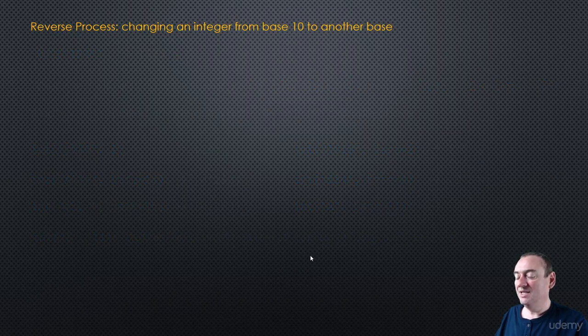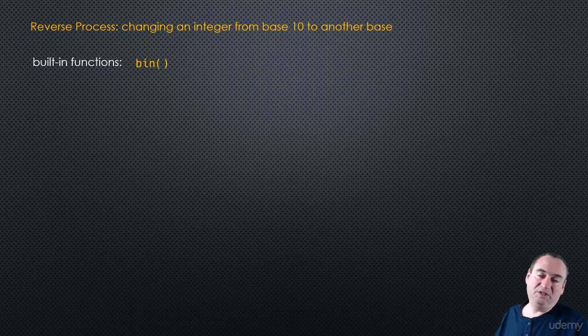Okay. So now you may be asking yourself, well, can we reverse the process? Can we go from a base 10 and can we see what the representation of that number is in some different base? And the answer, of course, is yes. We can go both ways. Now, Python does provide built-in functions to do that. It provides us the bin function, which stands for binary, which is base 2.